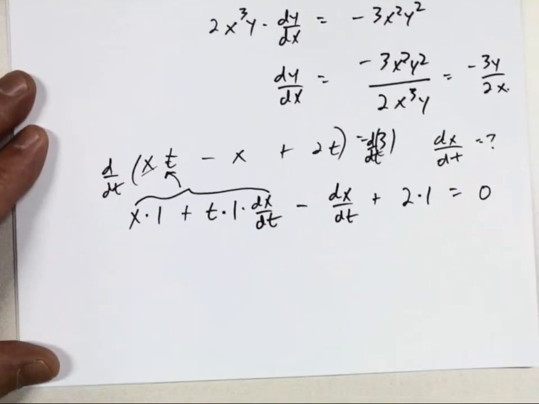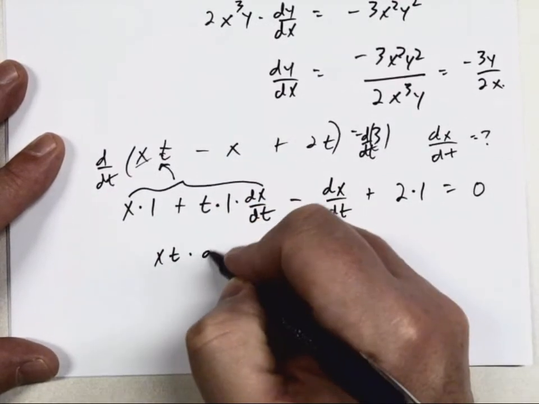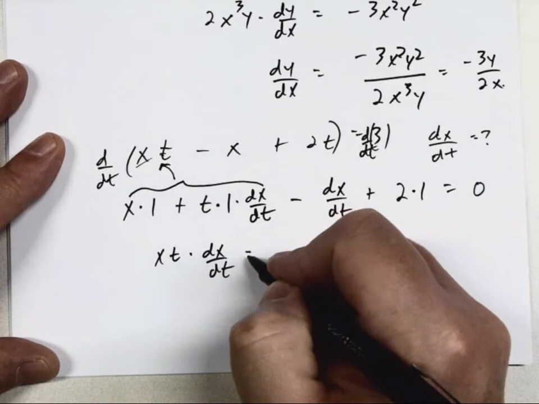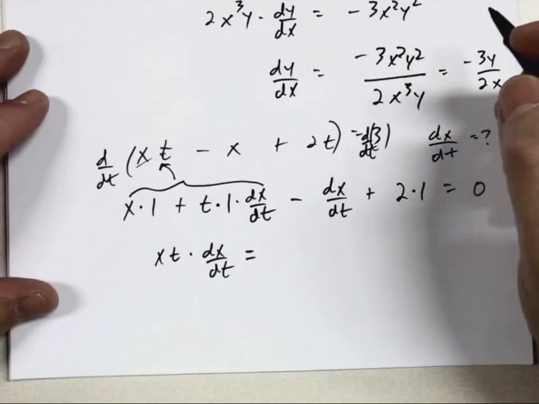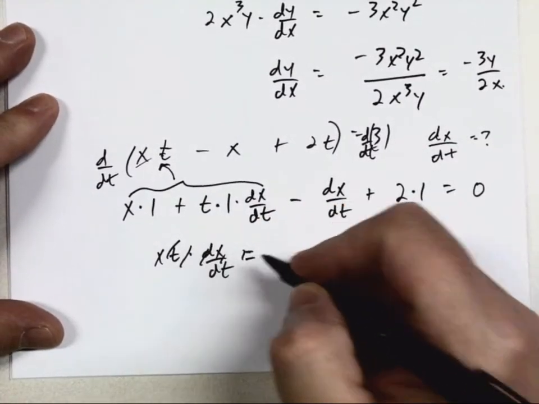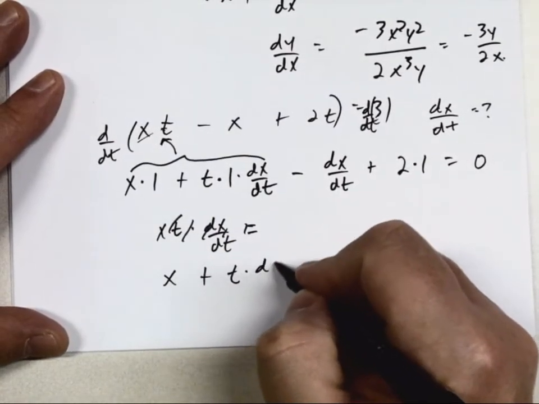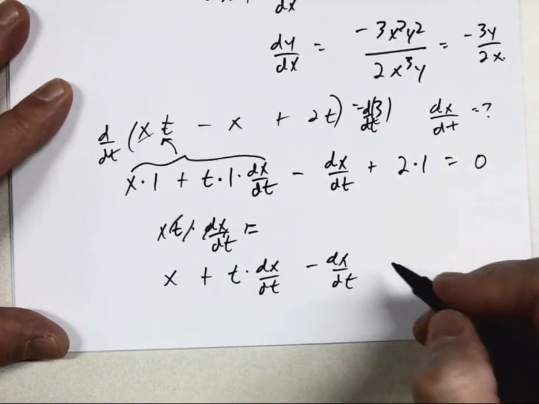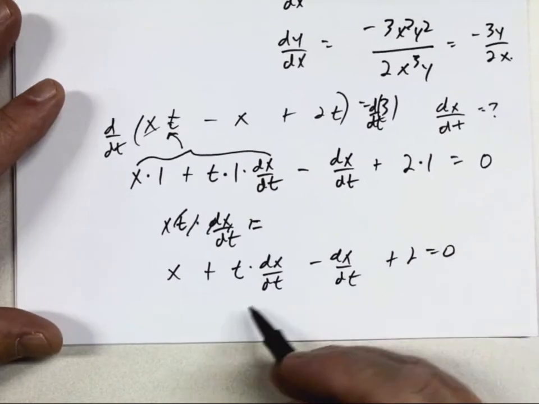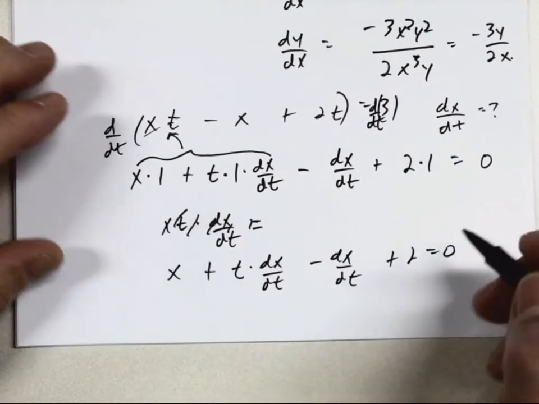So if I make this a little prettier, this is x plus t times dx dt minus dx dt plus 2 equals 0. Now if I'm going to solve this for dx dt, let's move the x and the 2 to the other side.